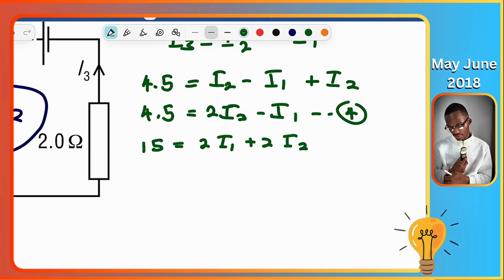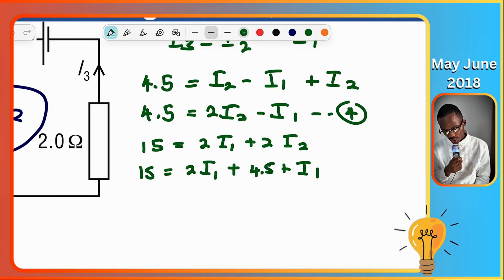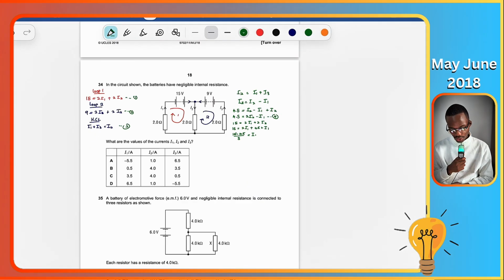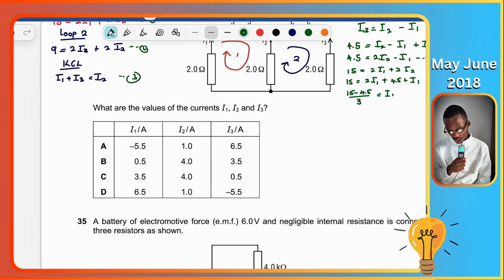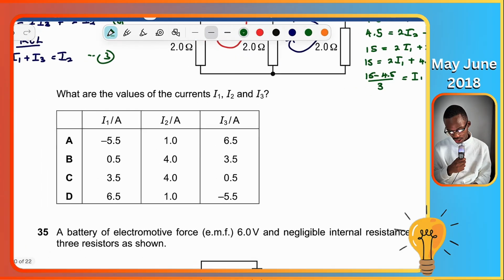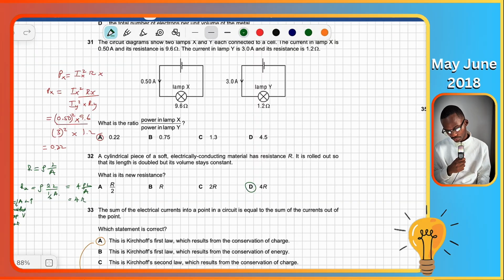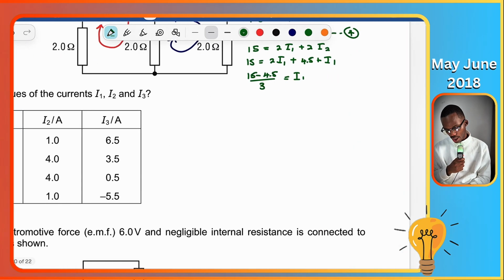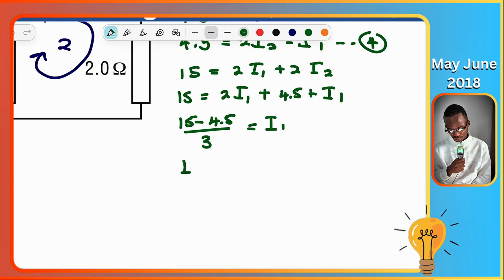So effectively, 15 minus 4.5 divided by 3 is equal to I1. So I1 is going to be 3.5.